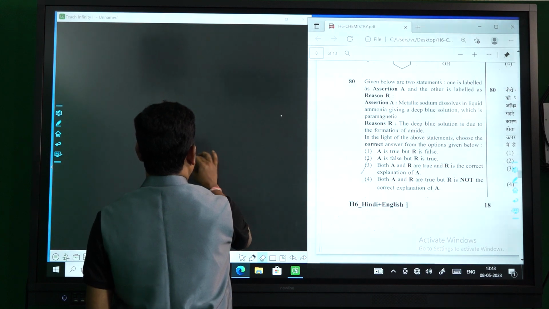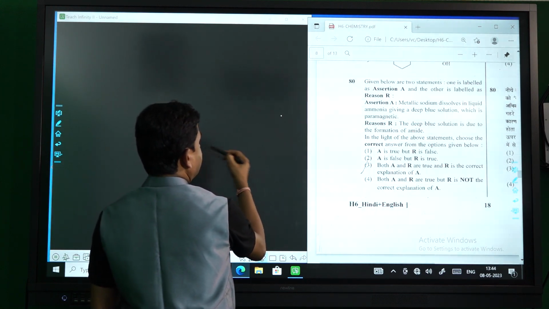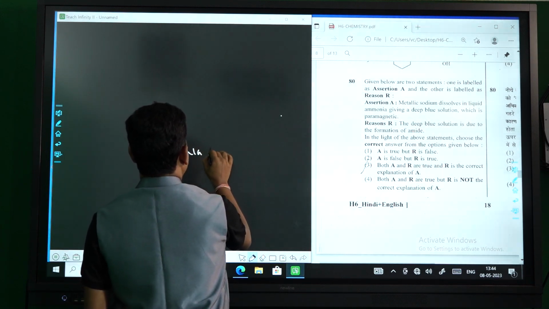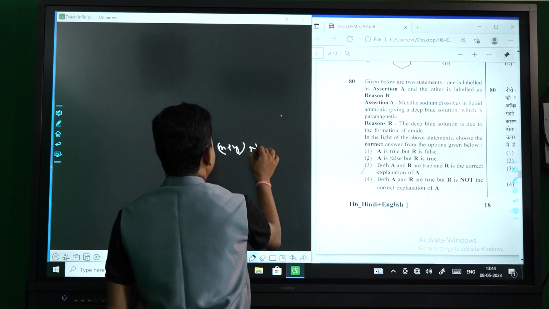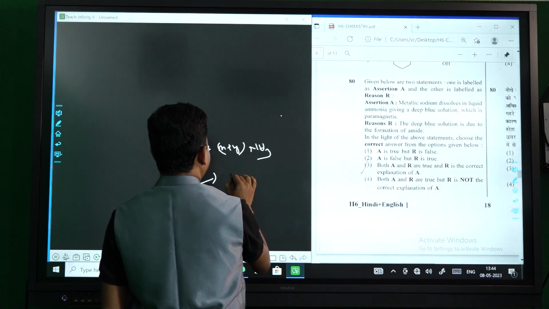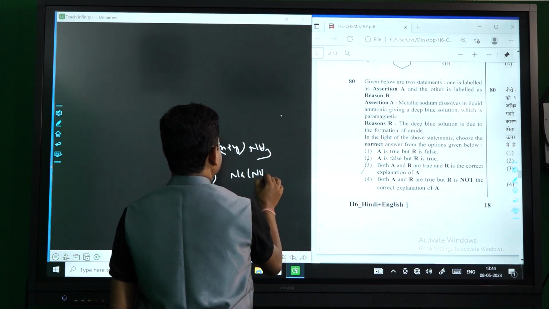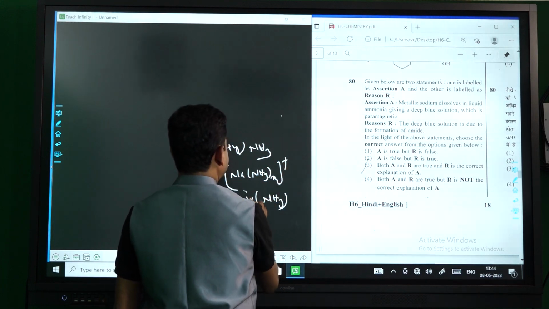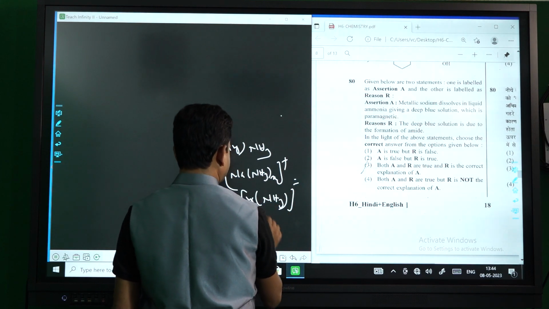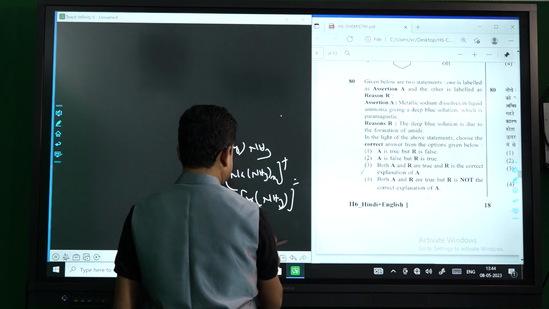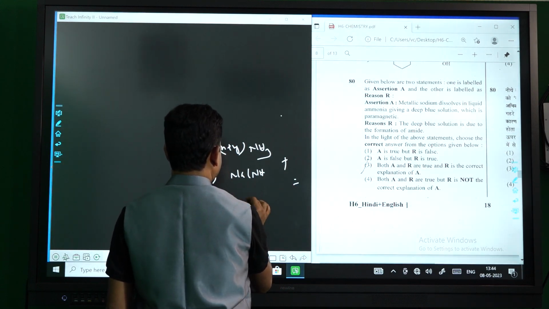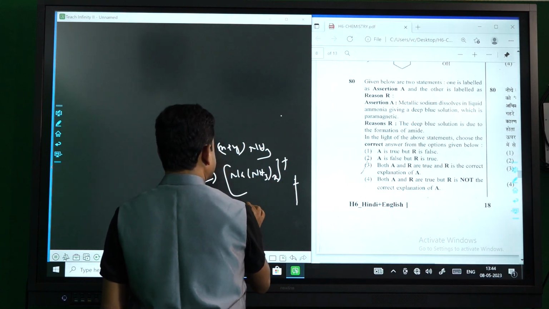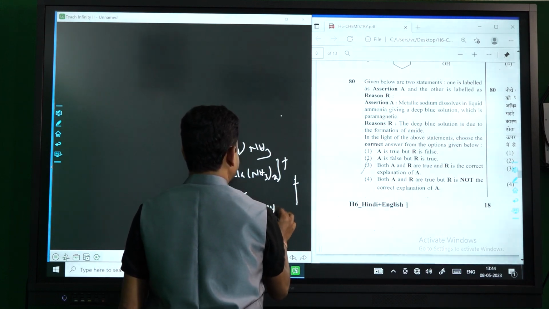Yes, when sodium or alkali metals are dissolved in ammonia, suppose sodium plus X plus Y NH3, you will get Na(NH3)X plus, electrons in NH3, and Y NH3.